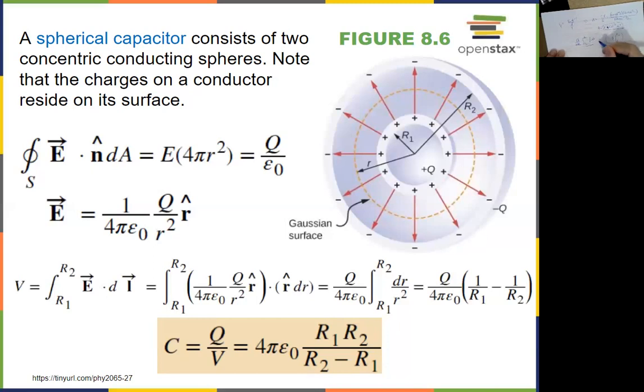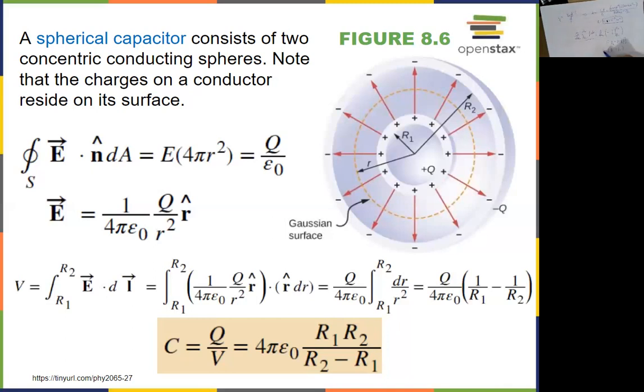Okay, so that equals Q over 4 pi epsilon naught. In that case, you'll be doing minus 1 over r2 minus minus 1 over r1. Okay, so that's how you get the 1 over r1 minus 1 over r2 in the parentheses.